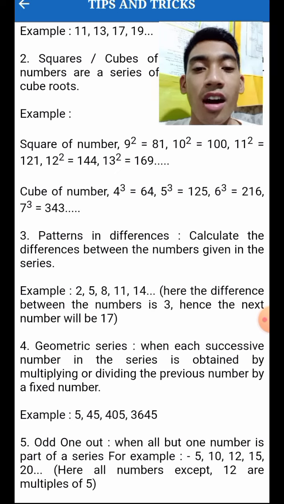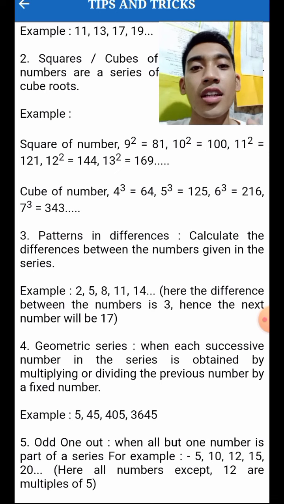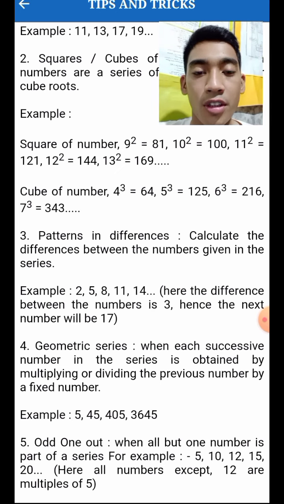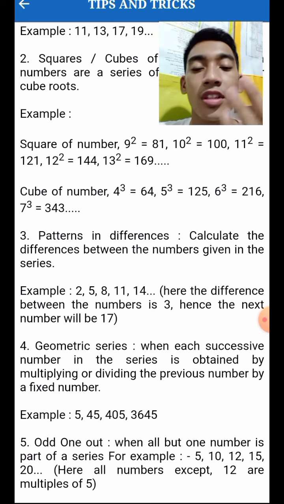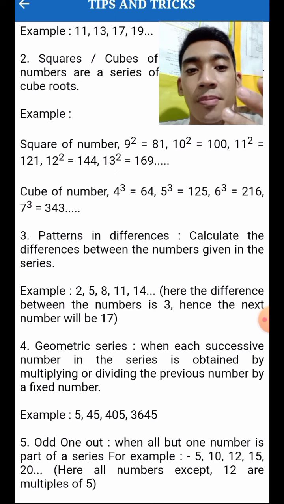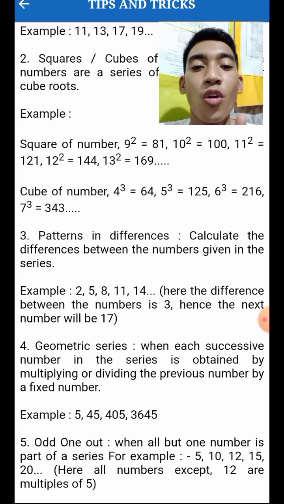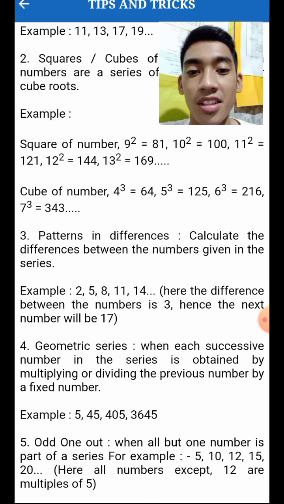How about 1 raised to the power of 2? Still 1. 2 raised to the power of 2 is 4. 3 raised to the power of 2 is 9. 4 raised to the power of 2 is 16. 5 raised to the power of 2 is 25. And 6 raised to the power of 2 is 36.